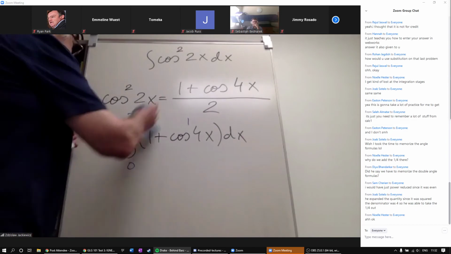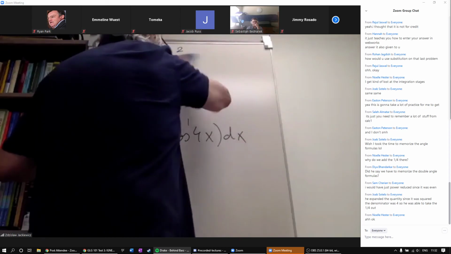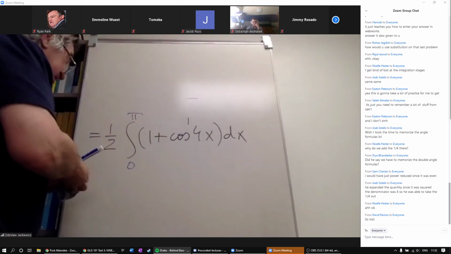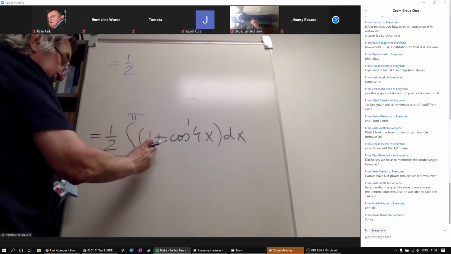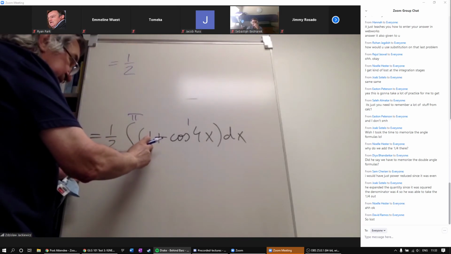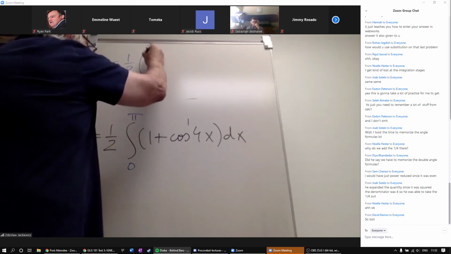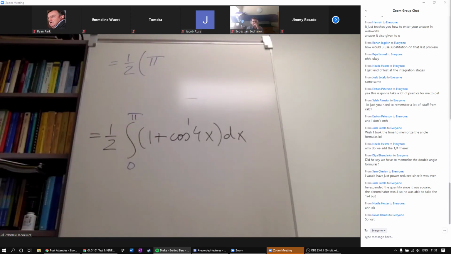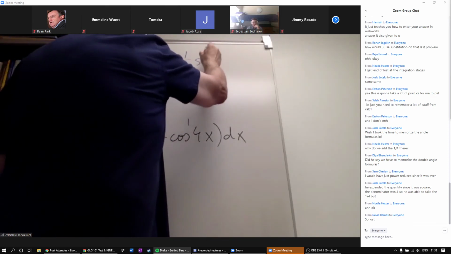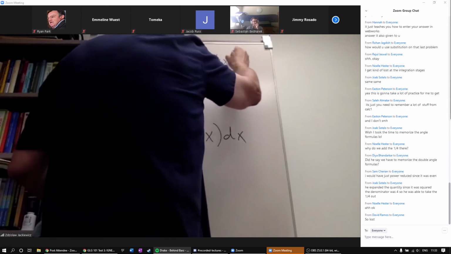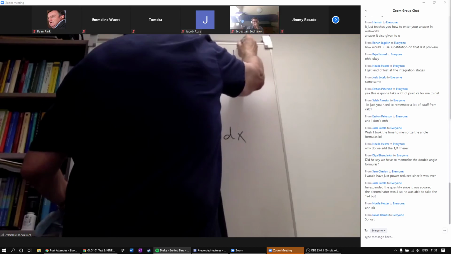So this integral now is 1/2 times x from 0 to pi, so that's pi, plus 1 over 4 sine 4x from 0 to pi.